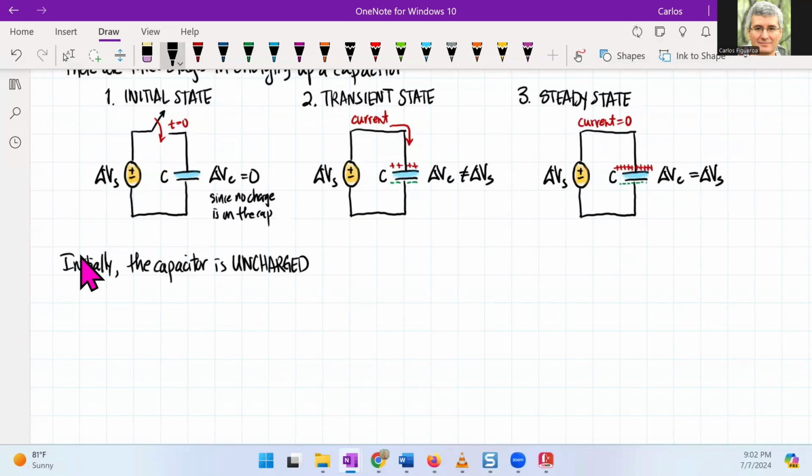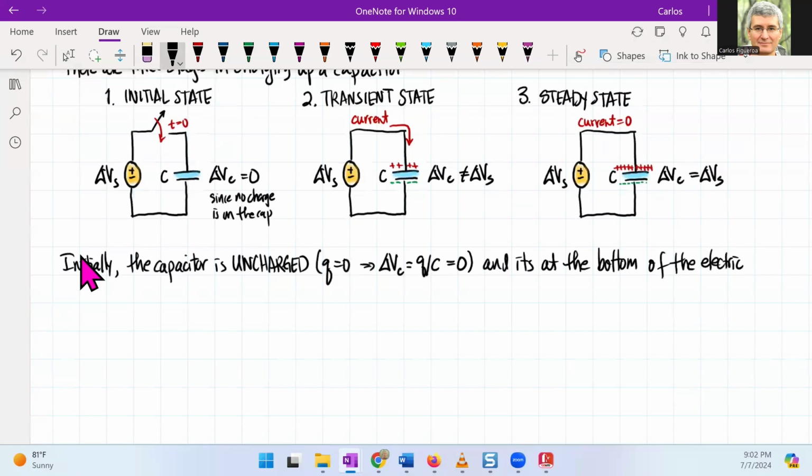That means here that Q is equal to zero, but if Q is equal to zero, then the voltage of the capacitor, which is given by charge divided by the capacitance, that's also zero. So that's what we mean when we say we have an uncharged capacitor and it's at the bottom of the electric incline.